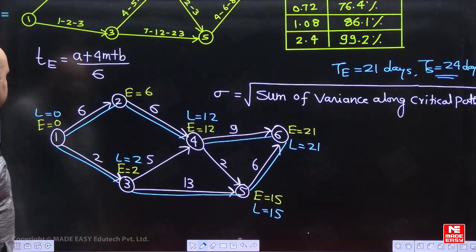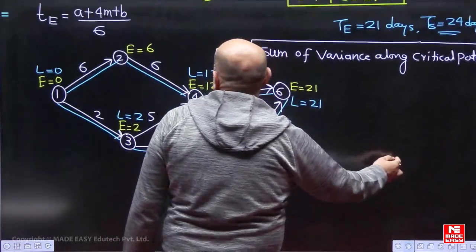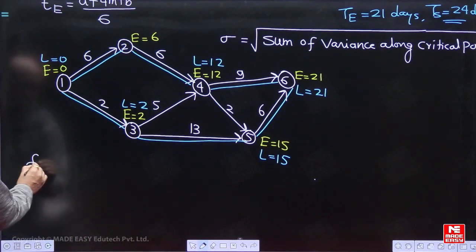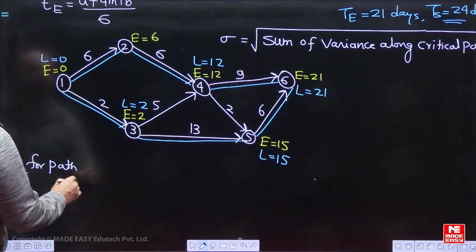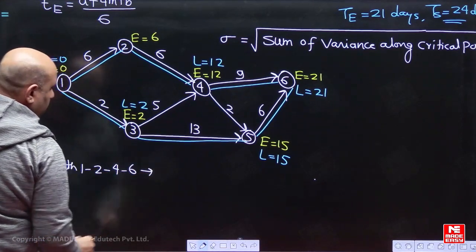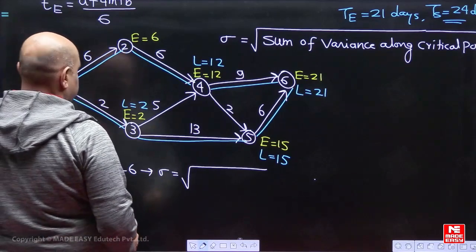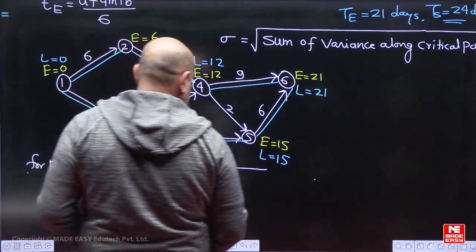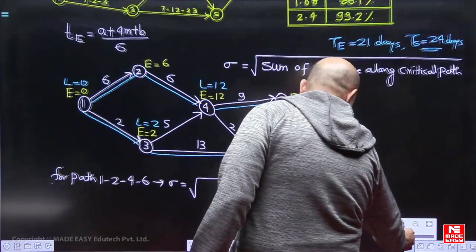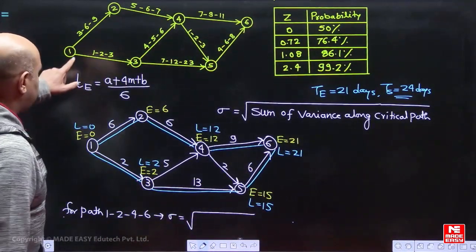You see, two critical paths are there. The first one, for the path, see, from here we'll find out 6 minus 3.